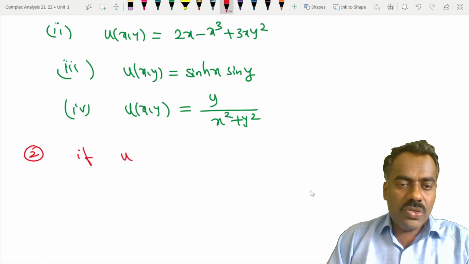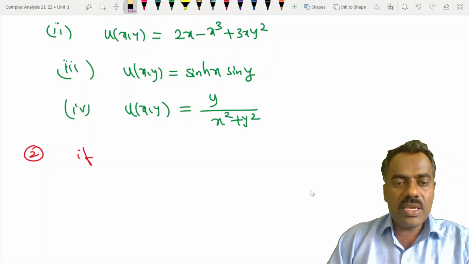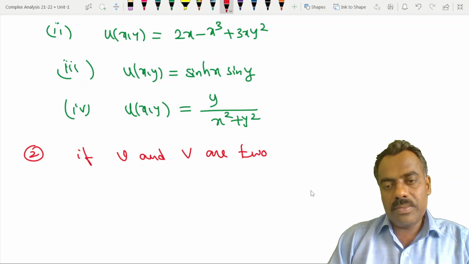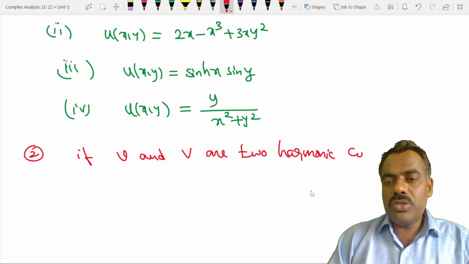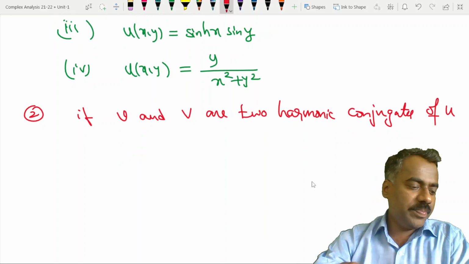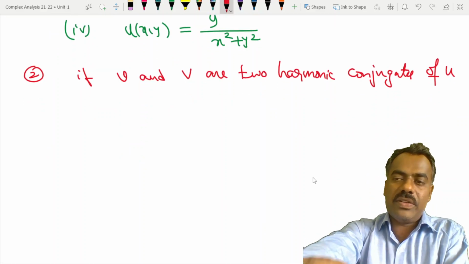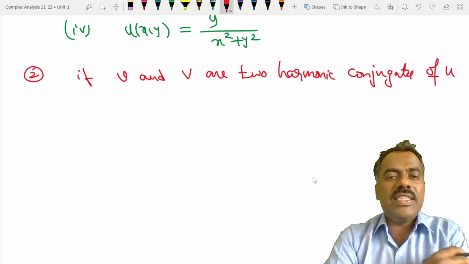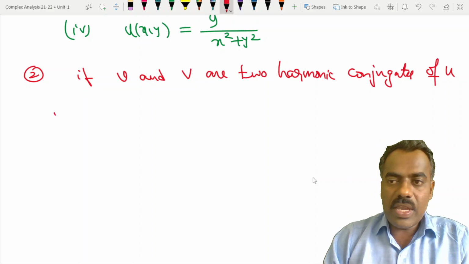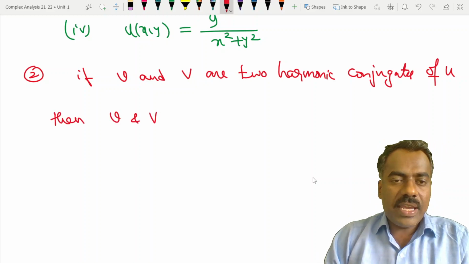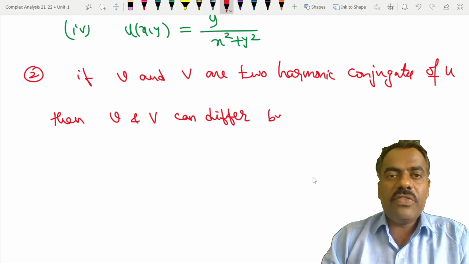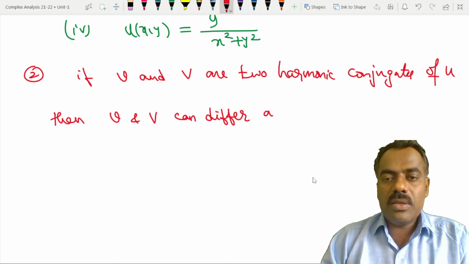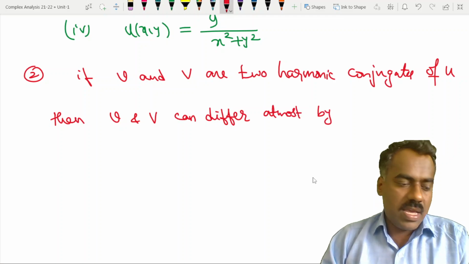Okay, and you can also have some interesting example to show that if small v and capital V are two harmonic conjugates of the function u, then of course on a given domain D, this small v and capital V differ at most by an additive constant.